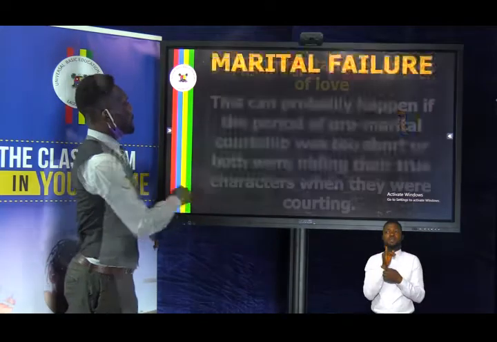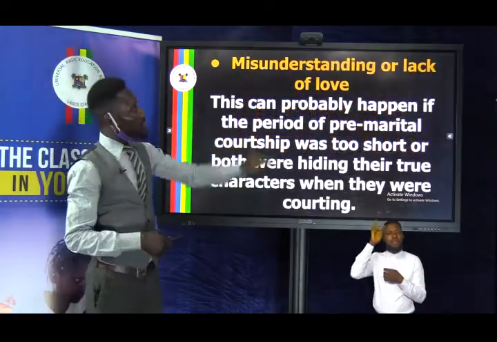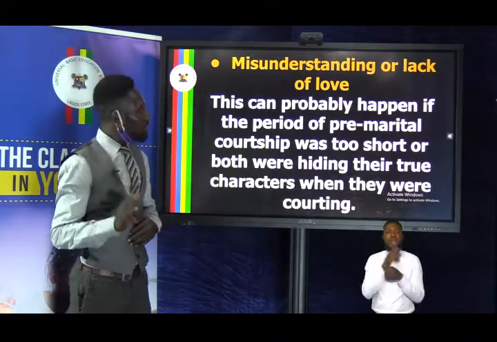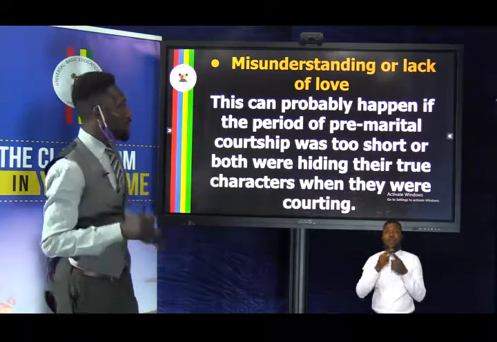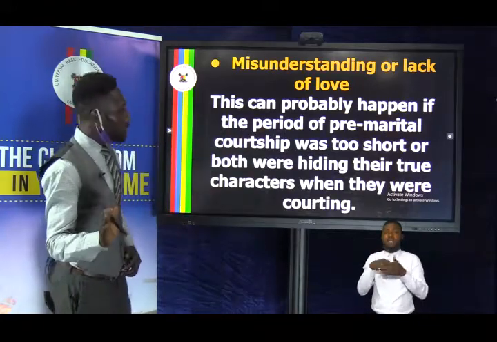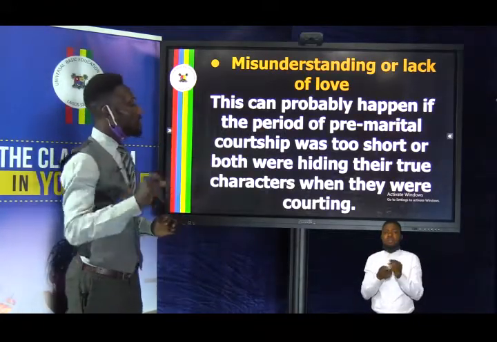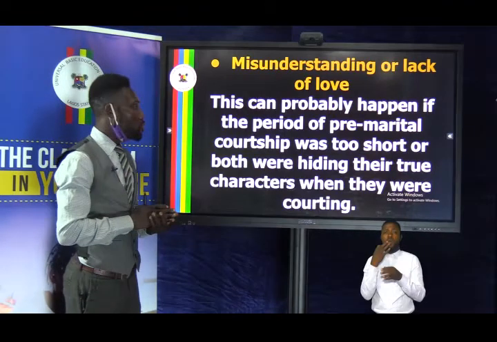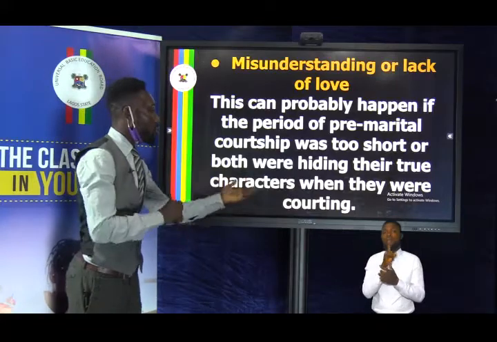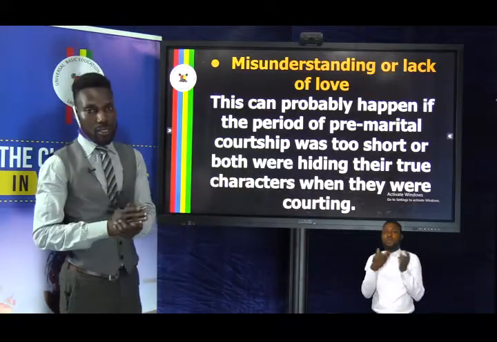Number 1 is misunderstanding or lack of love. This can probably happen if the period of premarital courtship was too short, or both were hiding their true characters when they were courting.